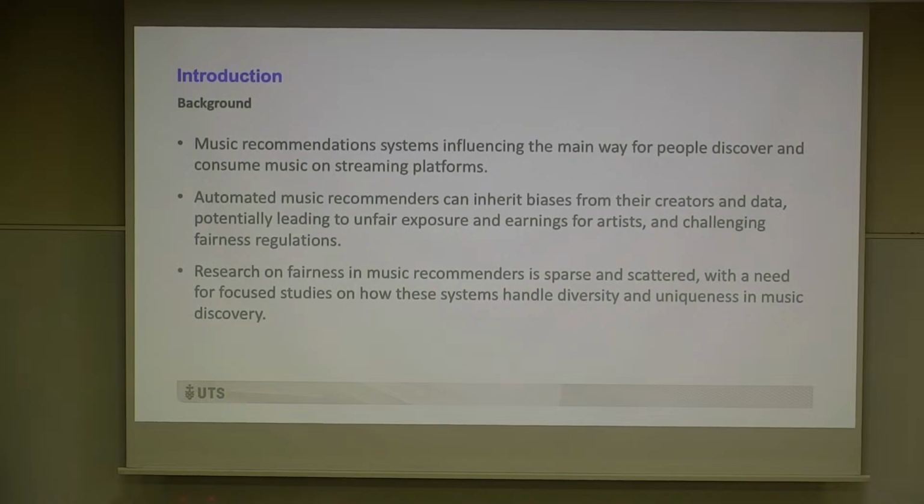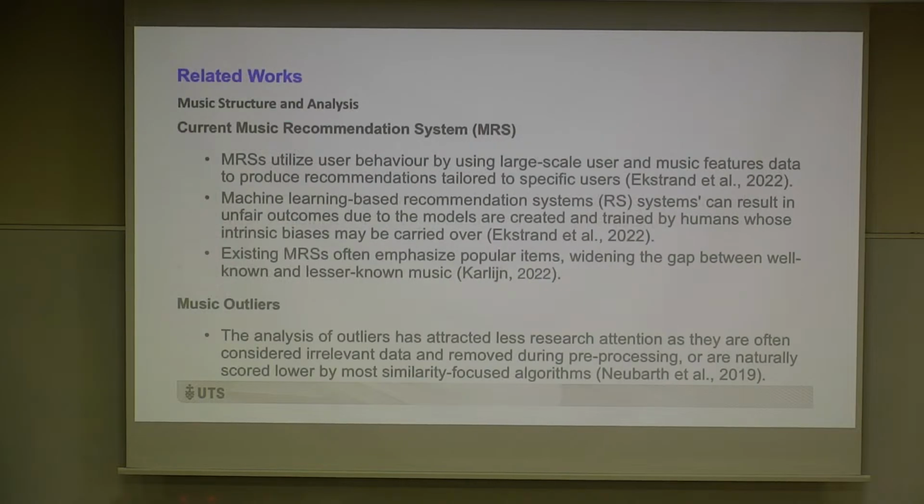Automated music recommenders can inherit bias from their creators and data, potentially leading to unfair exposure for artists and challenging the fairness of the regulations. Research on the fairness of music recommendation systems is fragmented and scattered, so we need a focused study on how the system can handle diversity and the uniqueness of music discovery.